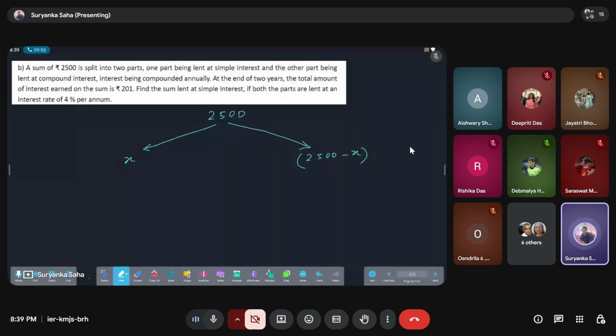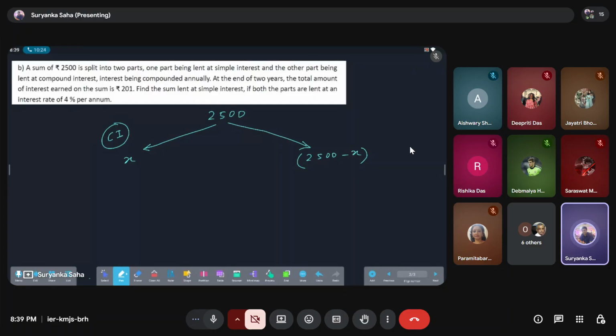Now, can you tell me what will be the preferred part for SI and what will be the preferred part for CI? Anyone? Can you tell me? X will be for SI and 2500 minus X will be for CI. No. See, it is preferred that you do CI over here because CI's formula is a little bit complicated, na?